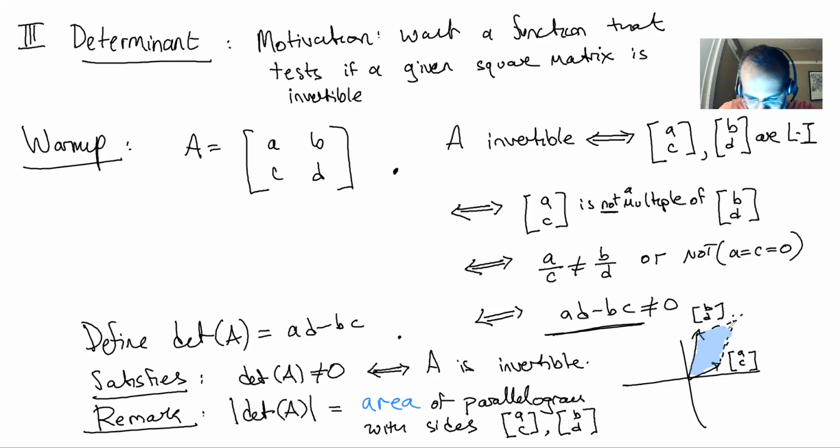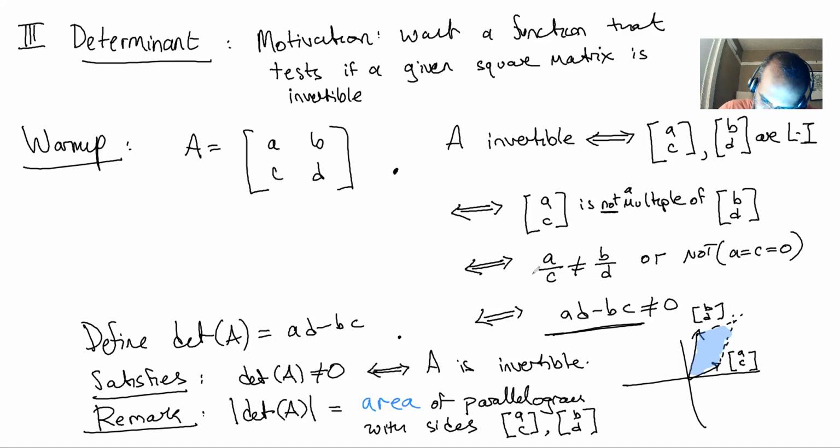So now our quest in this lecture is going to be to generalize this to higher dimensions. But any questions about 2D? Why is A over C not equal to B over D?